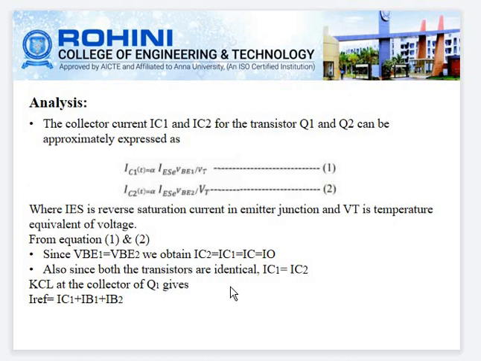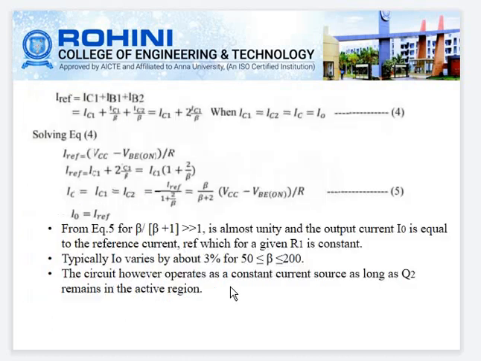Apply Kirchhoff's current law at the collector of Q1. That gives the reference current equal to Q1 collector current plus Q1 base current plus Q2 base current. So the reference current is also determined by IC1 plus IC1 by beta plus IC2 by beta. Substituting IC1 equal to IC2, we get IC1 plus 2 IC1 by beta.